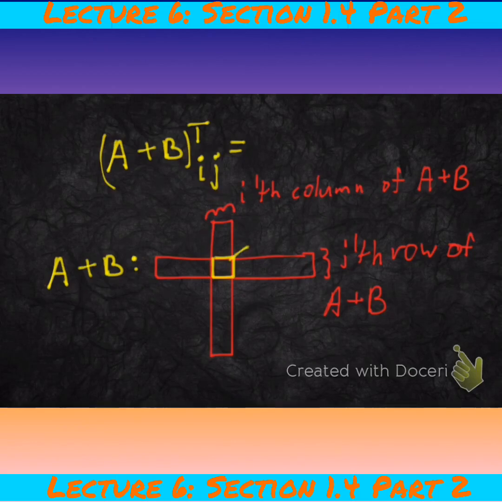And that entry there is basically the entry in the jth row and ith column of A plus the entry in the jth row and the ith column of B. Okay, so that is going to be the entry in the ith row and the jth column of (A plus B) transpose. Okay, and that's easy now to go and look at that.